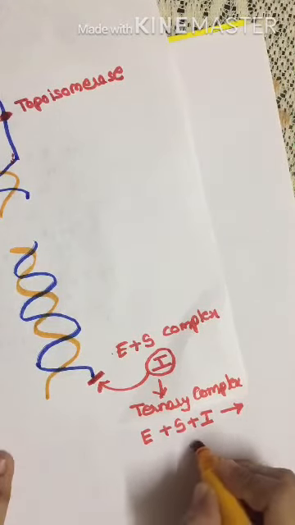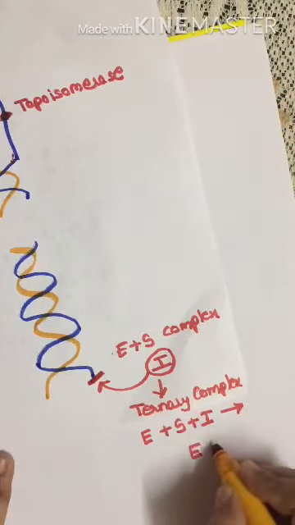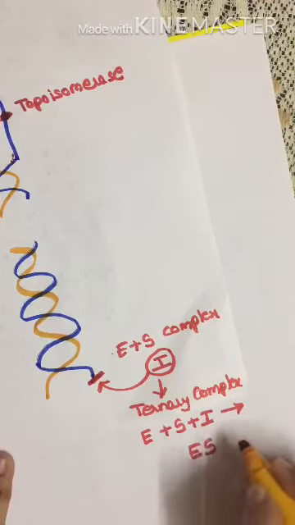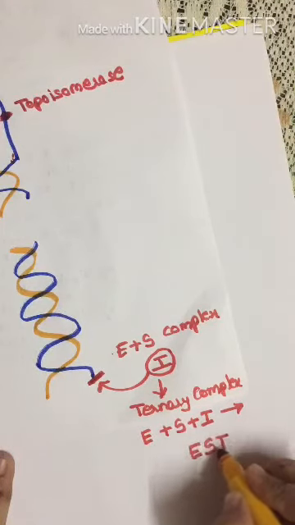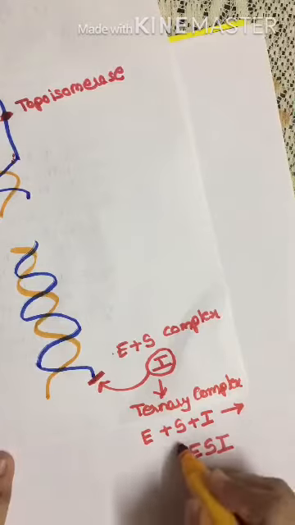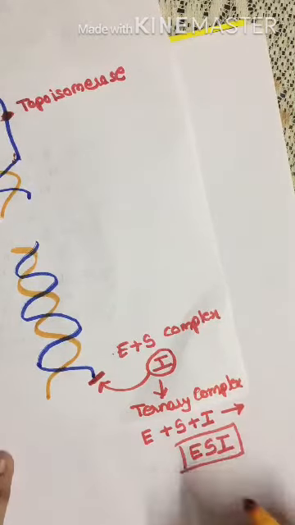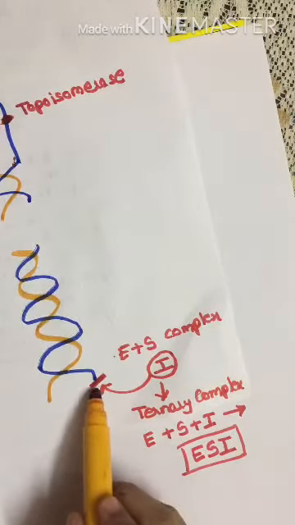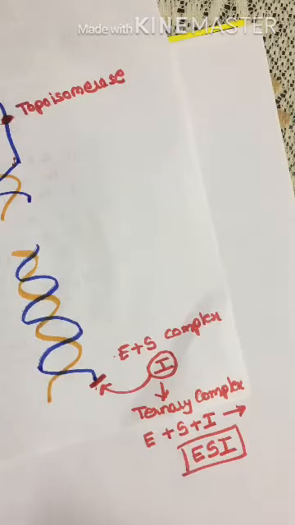So this is E for topoisomerase enzyme, substrate for DNA, and inhibitor, which is our camptothecin. Once this complex is formed, the DNA resealing is inhibited, and since the DNA resealing is inhibited, the DNA is not able to replicate and the cell may die.